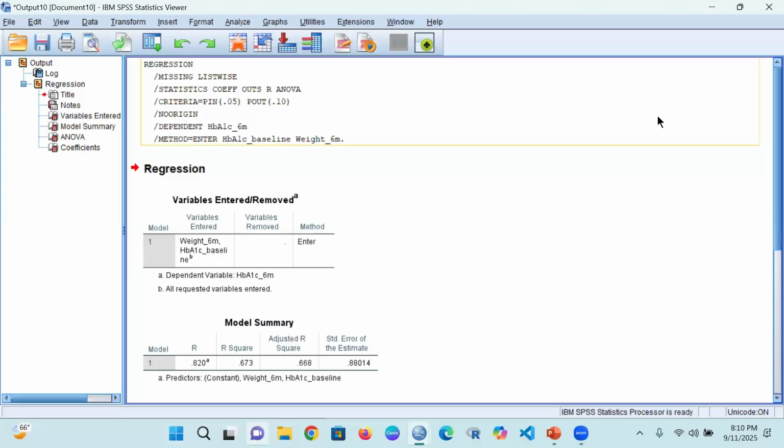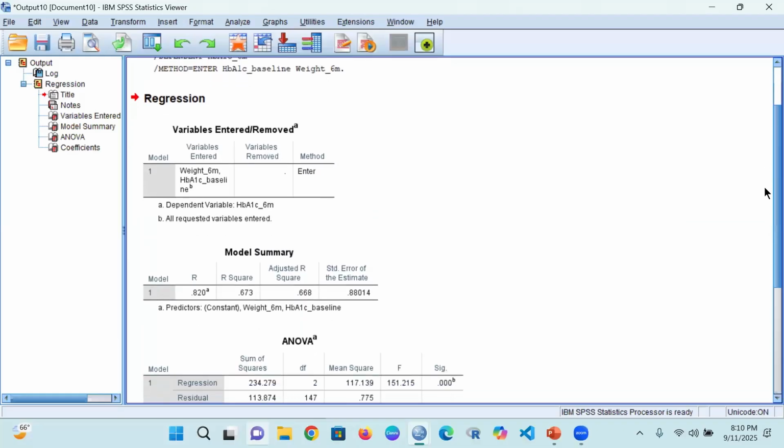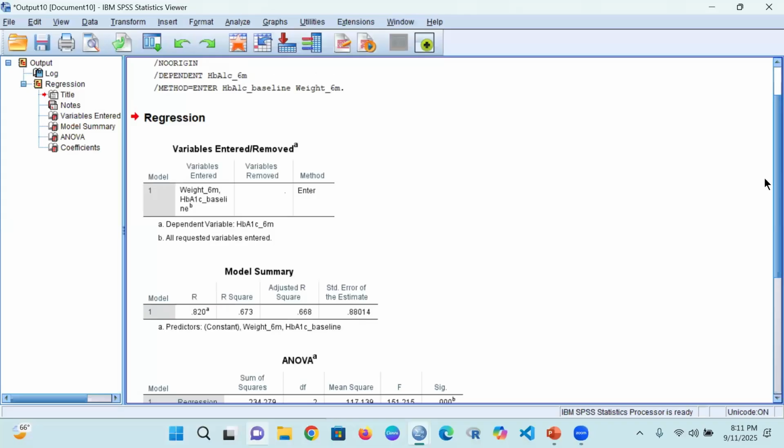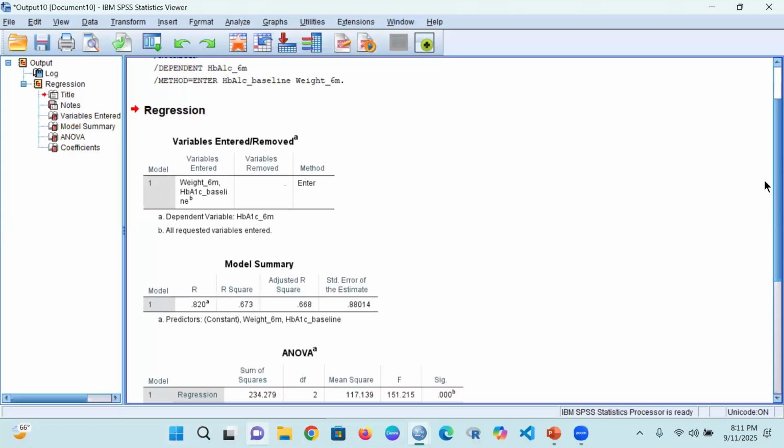Here we have the interpretation of our analysis. Multiple regression usually refers to running analysis with multiple predictor variables. For example, here we have used the weight at 6 months and the HbA1c baseline. We have just used 2, but you can run 3, 4, 5, even more than 4 variables in a multiple regression. That's the reason it's called multiple regression.